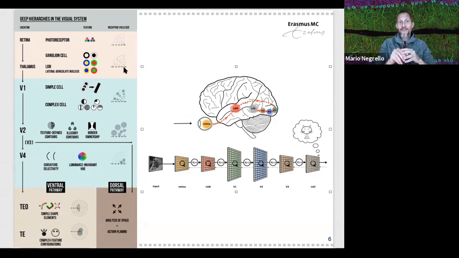If you need more cells, then to do the same processing, you have to look into a slightly larger patch of the world. And if you want to find out the orientation of that selection of photoreceptors, an oriented bar, you will need to include even more space.